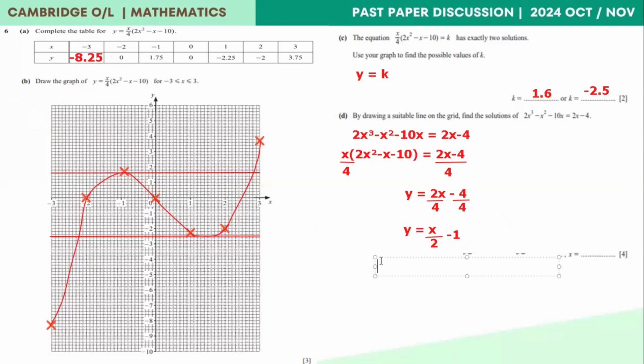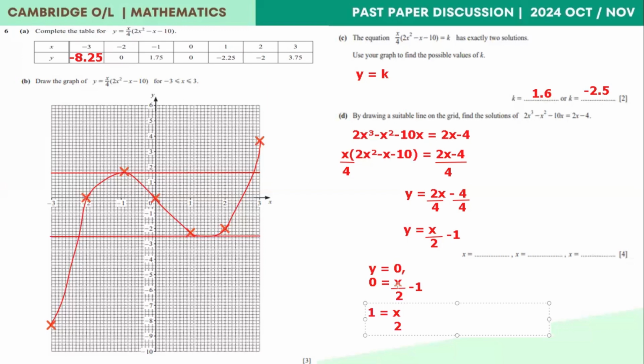We can make y 0 and find the value of x. So y equals 0, then 0 equal x over 2 minus 1. So x over 2 equals 1.